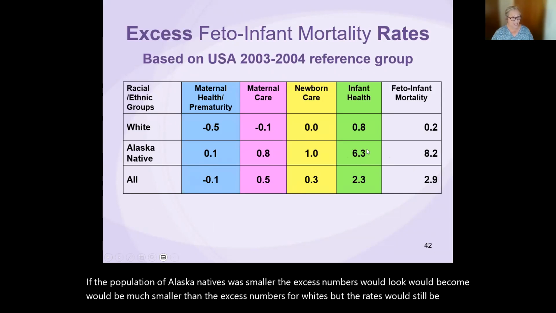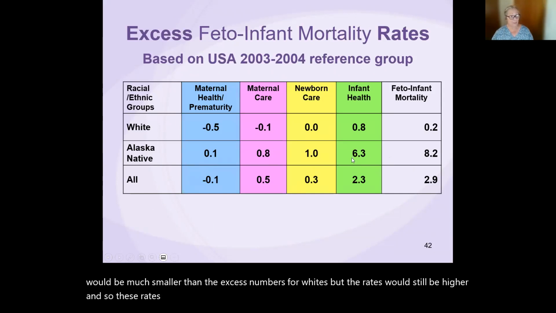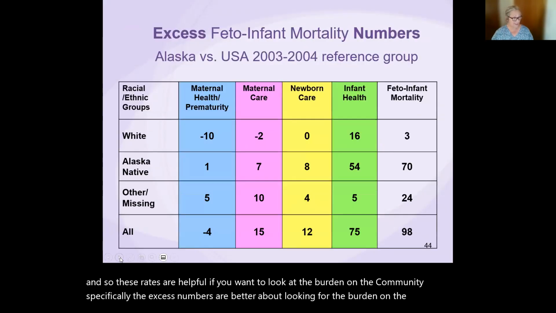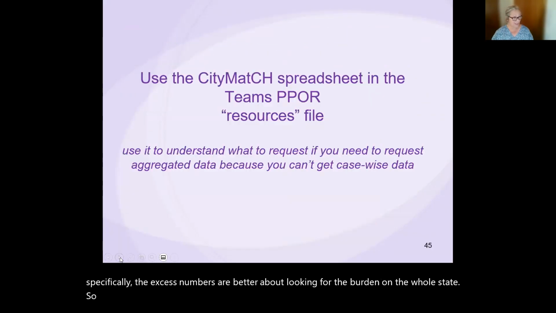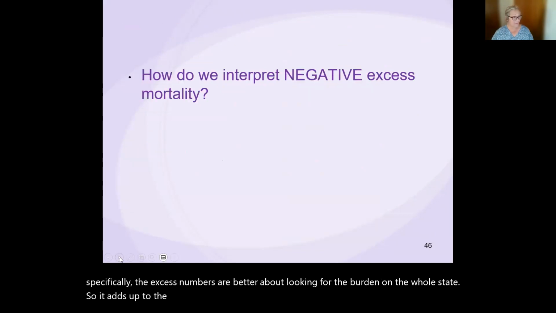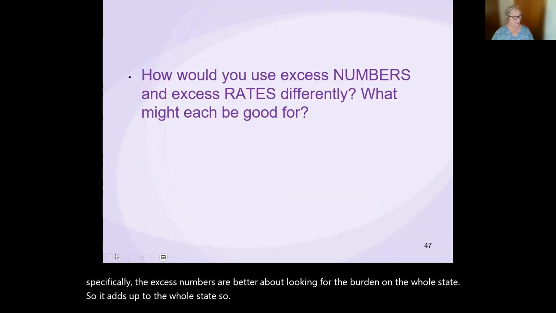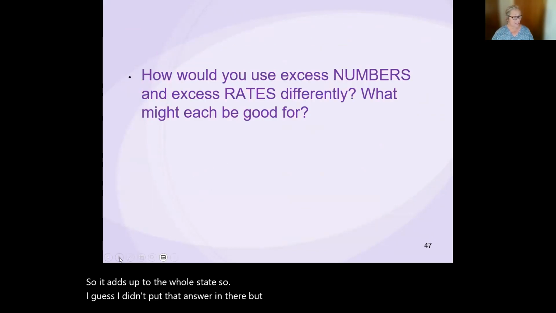And so these rates are helpful if you want to look at the burden on the community specifically. The excess numbers are better about looking for the burden on the whole state. So it adds up to the whole state. I guess I didn't put that answer in there, but that's the advantages that I would say.